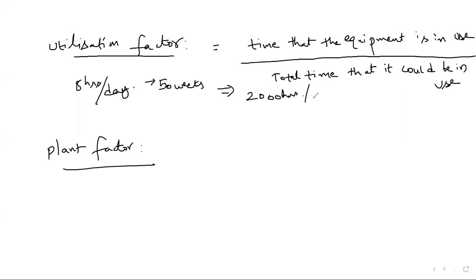Then what about the total time that it could be in use? 8760, nothing but 365 into 24. If you take this ratio, how much can you obtain? Around 22%, right? Around 22%, that is your utilization factor.